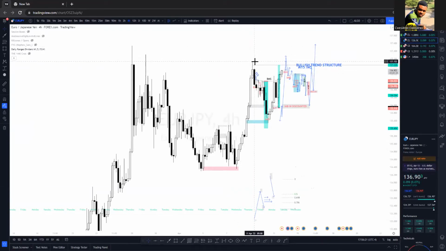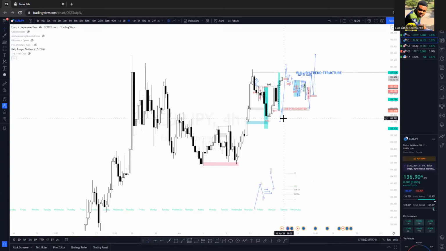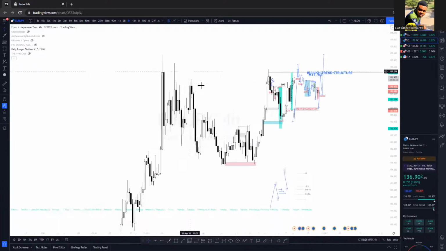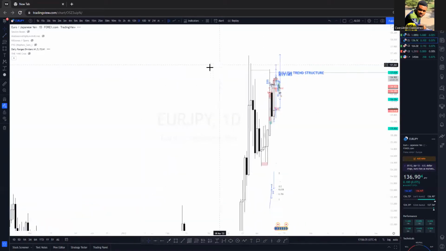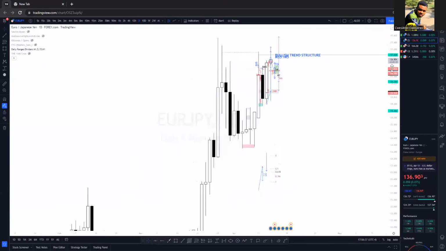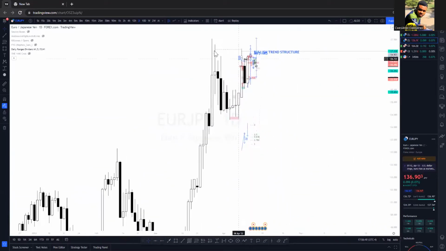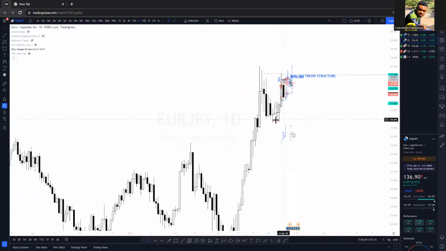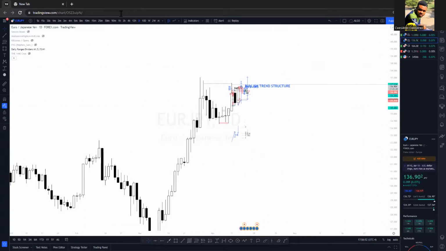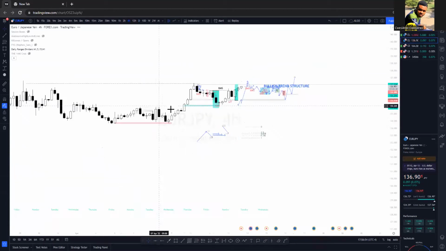The reason why I was still looking for a buy is because this is acting as a complex pullback. And on the daily time frame too, you can see it's also very bullish, right? You can see price respecting this order block over here, right? Took liquidity before it's pushing to the upside. Okay.